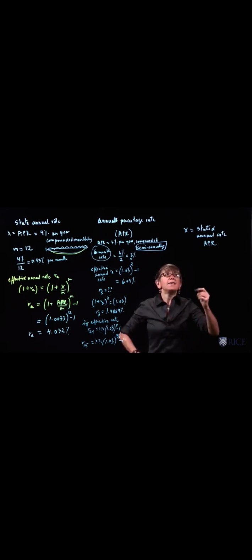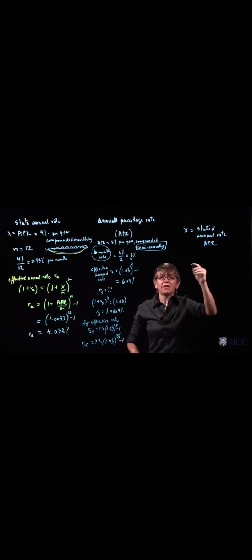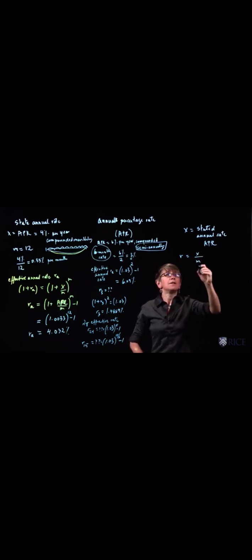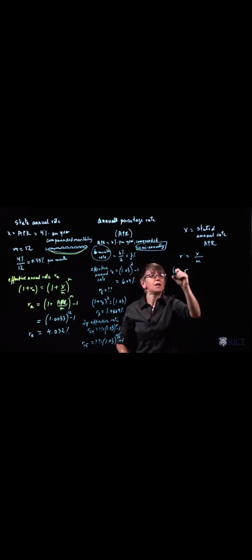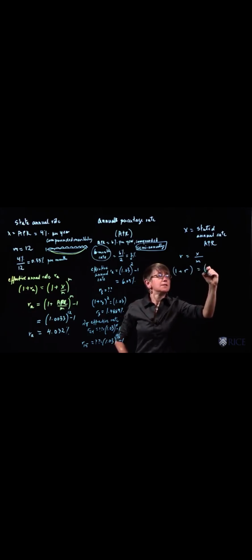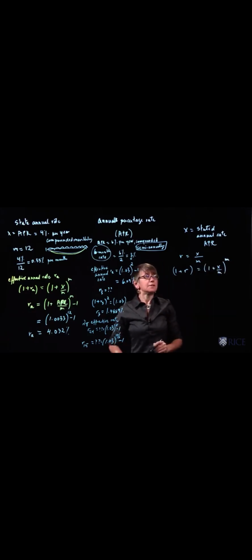When we find the per period rate, we said R is going to be x divided by m, and then we find the effective annual rate by 1 plus R to the m.